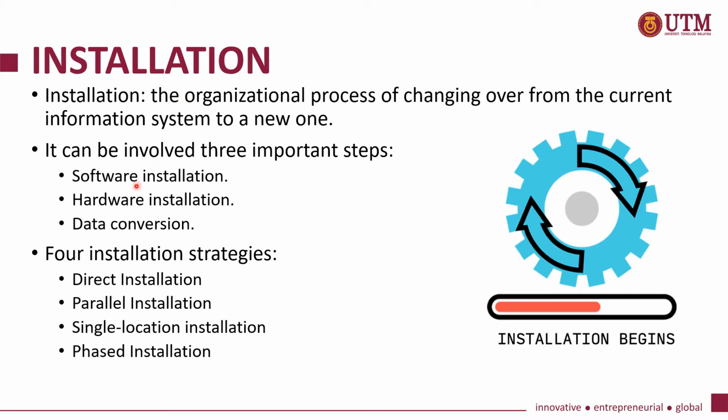The installation can involve 3 important steps related to software installation, hardware installation, and data conversion. And there are 4 main installation strategies: direct, parallel, single location, and phased installation. The details of these installation strategies will be covered in the coming slides.